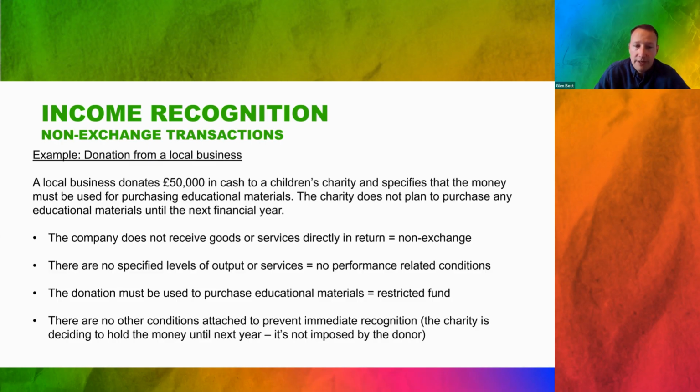And because there are no other conditions attached, it can be recognised immediately. Just because the charity hasn't spent any of the money yet and won't do until next year, this is not imposed by the donor, therefore doesn't impact on the recognition of that income. So in this case, income would be recognised fully on receipt of the donation.